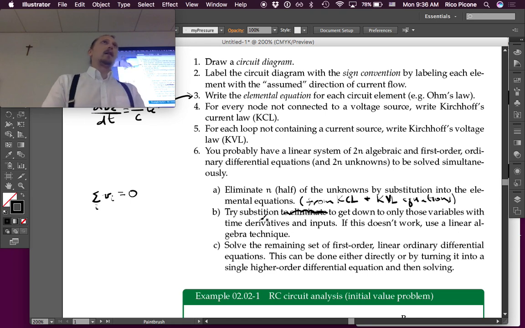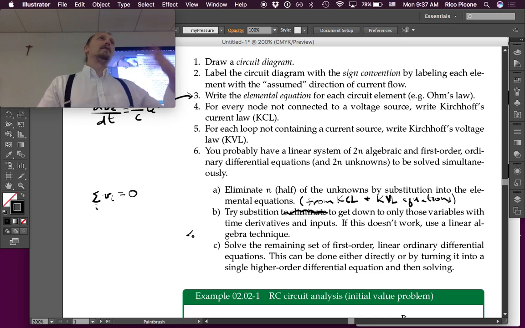Some of your elemental equations will be algebraic equations. You want to get rid of all the algebraic-only equations and be left with equations that are only differential equations. If you can't do it by substitution, I recommend just using a linear algebra technique.